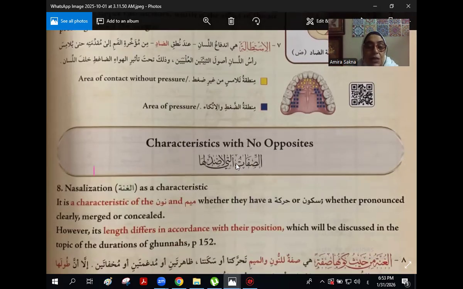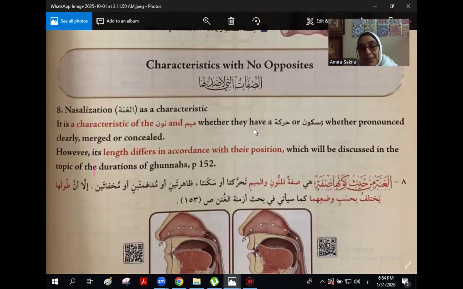Let's go to the last characteristic of the group of characteristics without opposites, which is al-ghunna, or nasalization. Here we are going to talk about al-ghunna or nasalization as a characteristic. Well, why do we say as a characteristic?